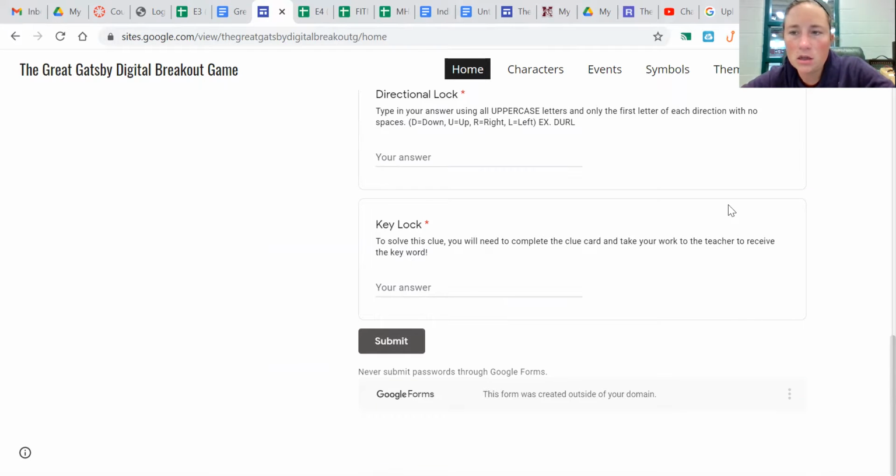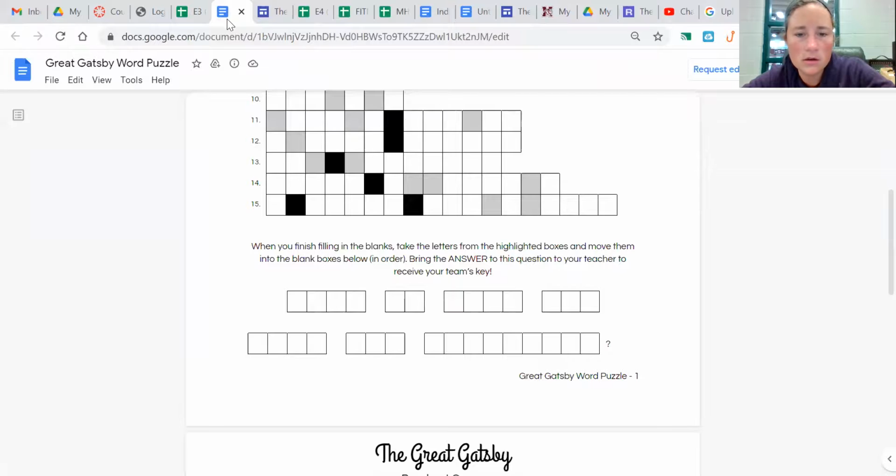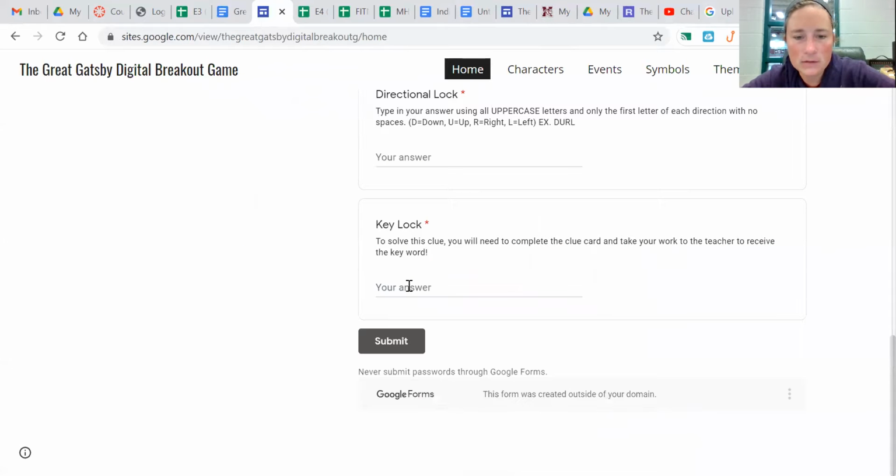So the key lock goes with the review, which is a crossword puzzle. Once you find all the answers to the crossword, fill in the key here on the gray spaces and answer the question. The answer to this question here will be the final answer to this, and then you press submit.